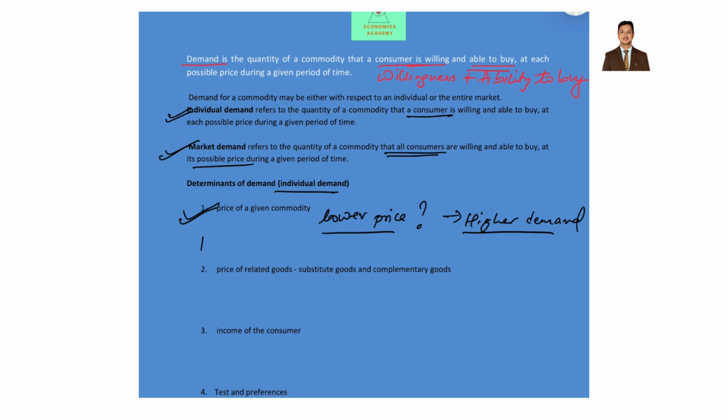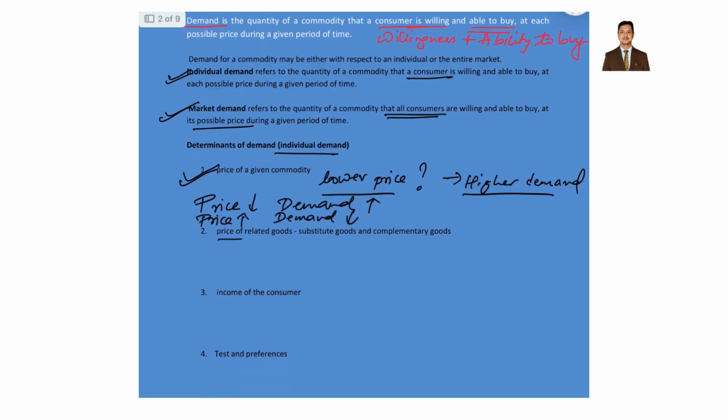Yes, if the price of a particular commodity reduces, it's only logical that demand for that particular product will rise, and vice versa. If the price increases, the demand shall fall, right?